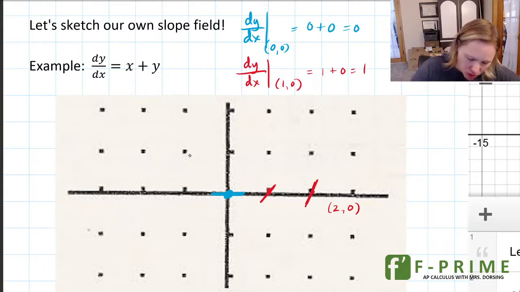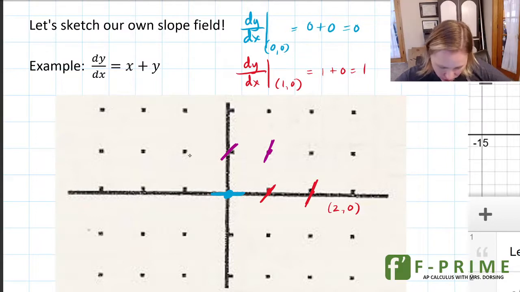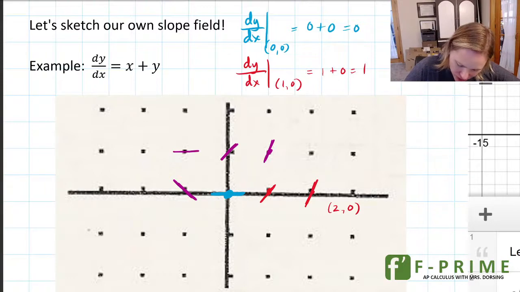So then I'm going to go up here to 1, 1. At 1, 1, I'm going to add them together, and I get a slope of 2. Okay. Here at 0, 1, I get another slope of 1. Okay. But here at -1, 0, I have a slope of -1. So I'm going to make sure that I put a slope of -1 here. My slope needs to go the other way. Here at -1, 1, I'm going to get a slope of 0.